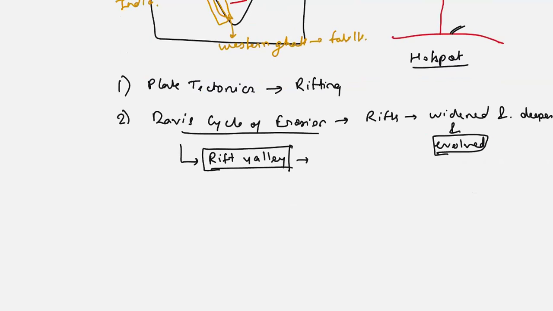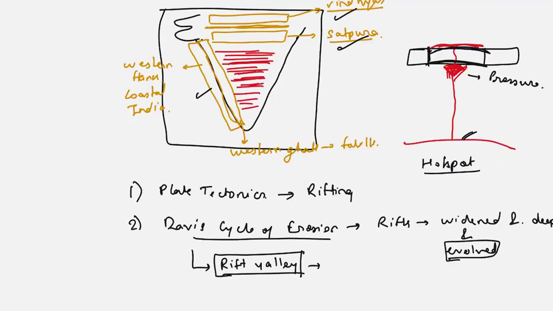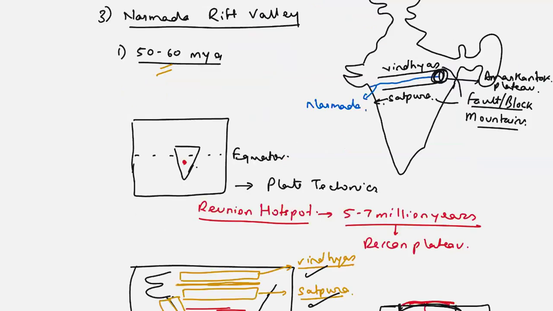So Narmada, basically the same rifting is also present in Mahanadi. There is Damodar. We have again Godavari, Krishna.